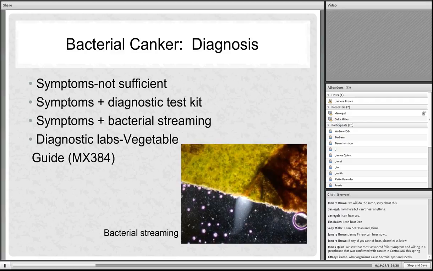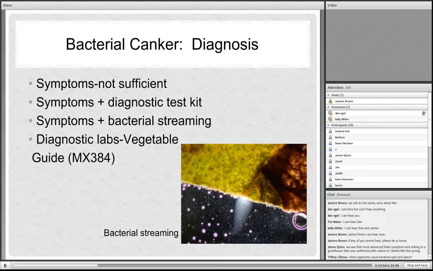What I like to do in my lab is to have the symptoms of bacterial canker present. I like to test it on a diagnostic test kit, and I like to see streaming, all 3 of those, before I call it bacterial canker. And then finally, there is sending it to diagnostic labs, and I think in Missouri that's what you've been doing, using a diagnostic lab.